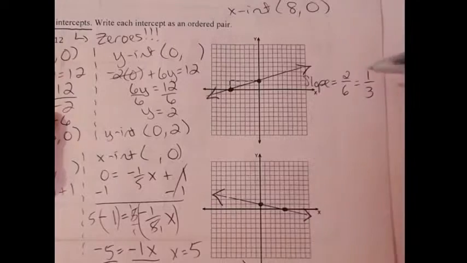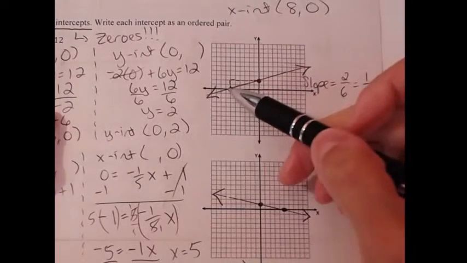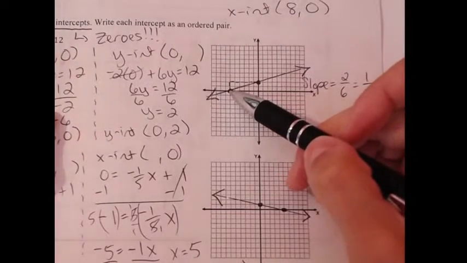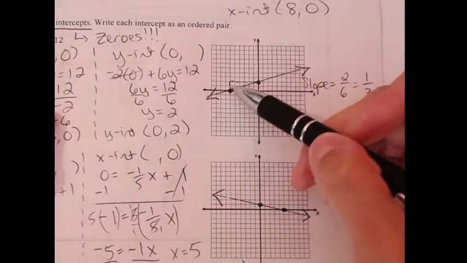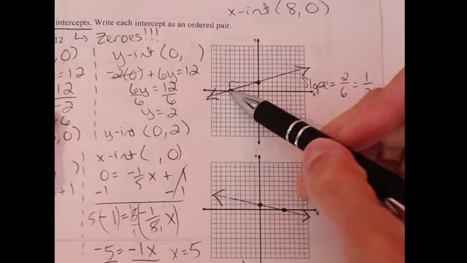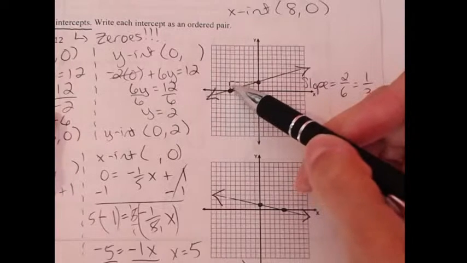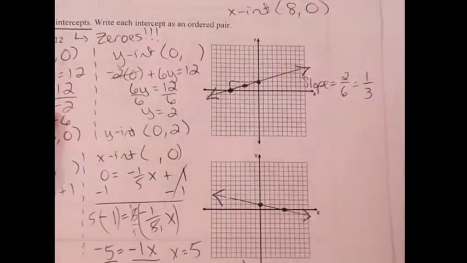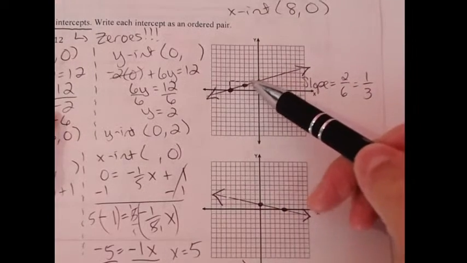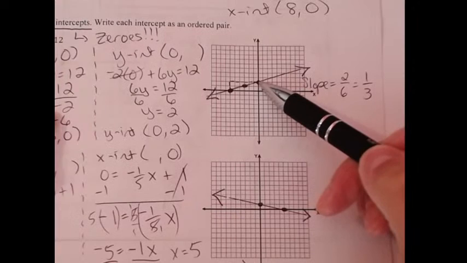Cool, right? I'm going to apply the slope of 1 over 3 to this point just so I can prove to you that we're still on the line. So from this point, this is my starting point, I'm going to apply the slope. Rise 1, run 3. 1, 2, 3. And what do you know? I'm on the line. Let's do it again.